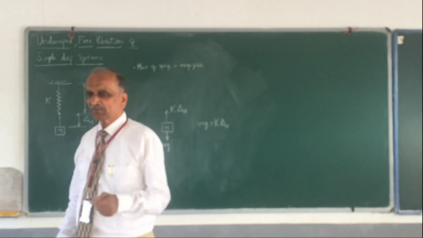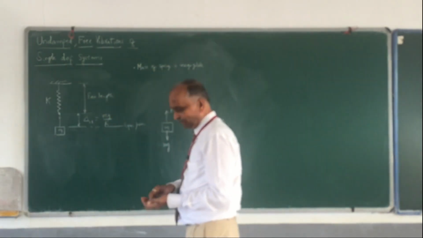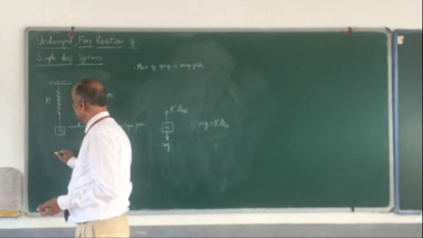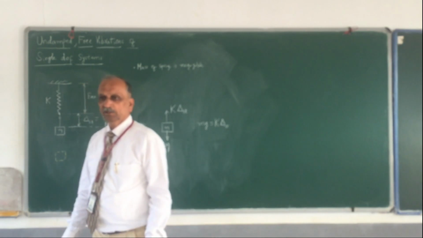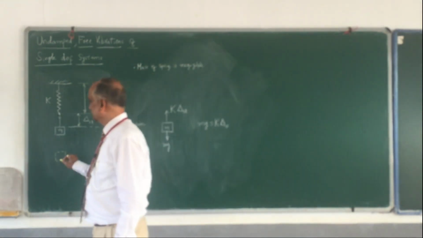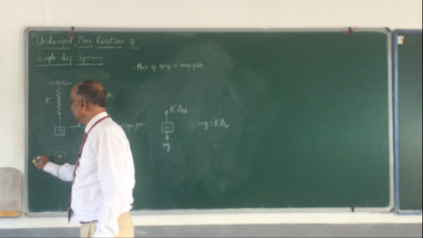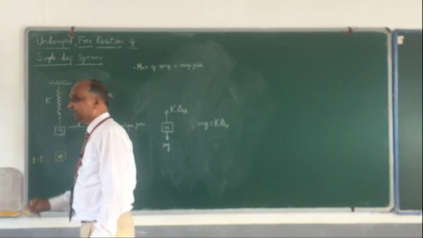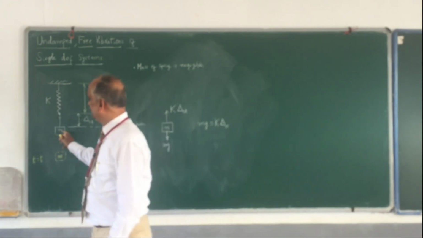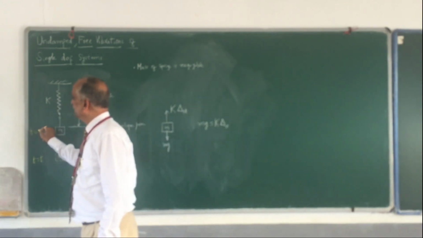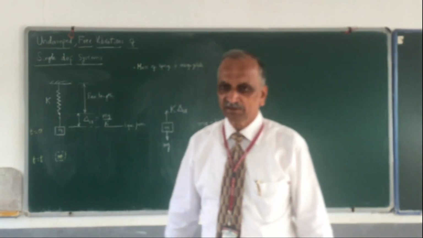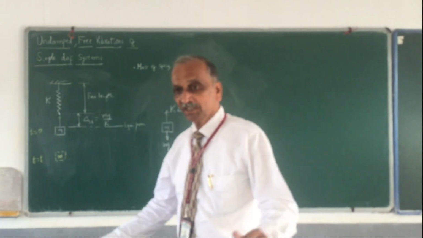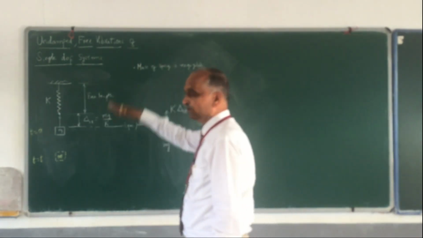At some instant of time, let me assume that the mass is somewhere here. The mass has occupied this position at t equal to t. Probably this is at t equal to 0, when it is in the equilibrium state. Then at t equal to t, it is allowed to undergo vibration.